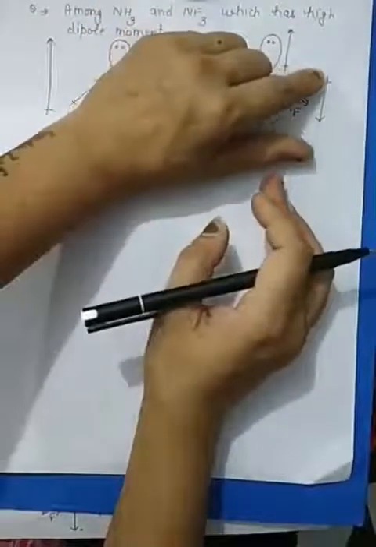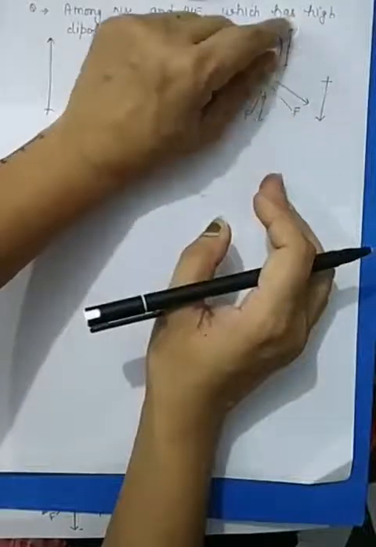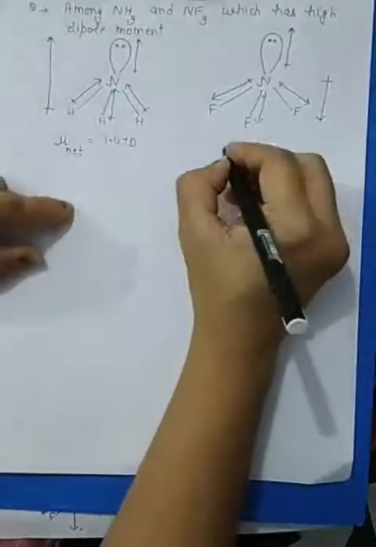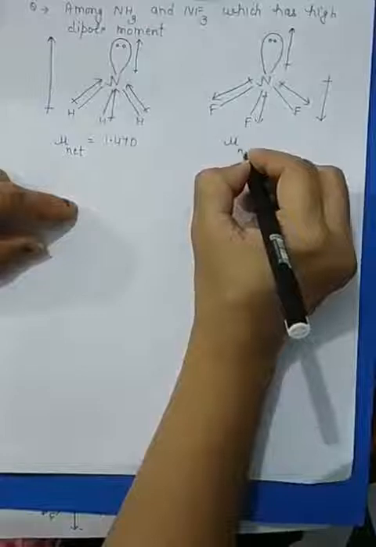Both these dipoles are in opposite directions with respect to each other. Hence, some dipole moment cancels out.